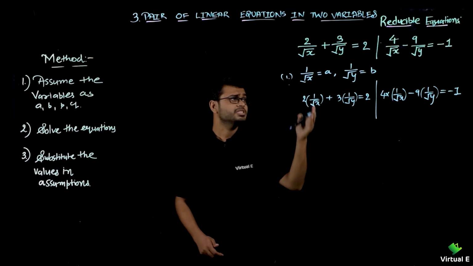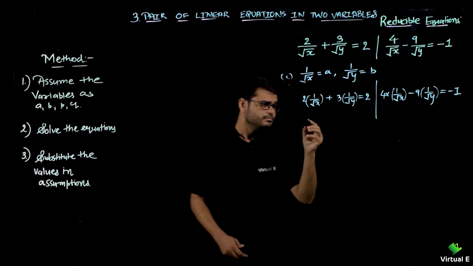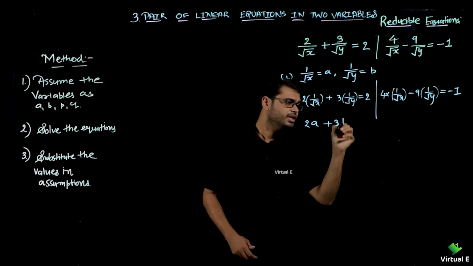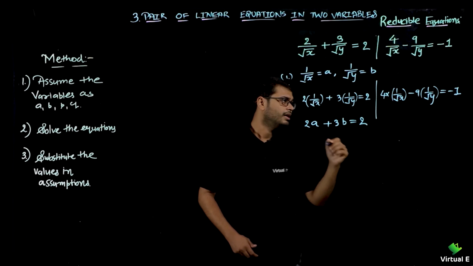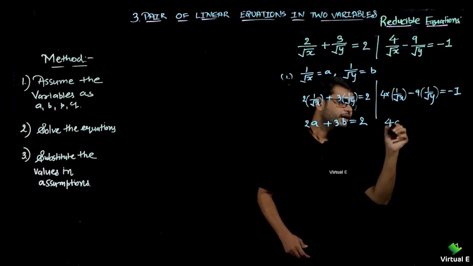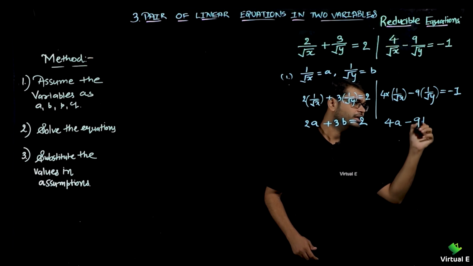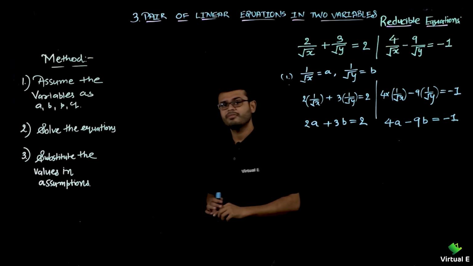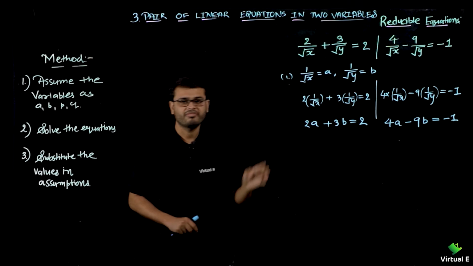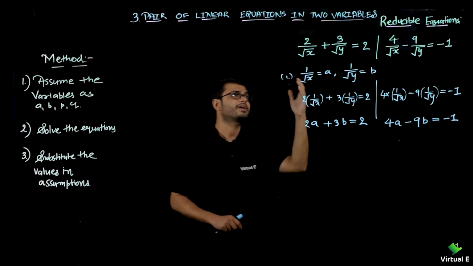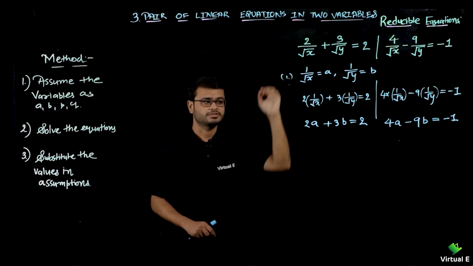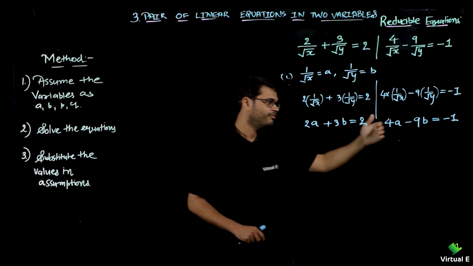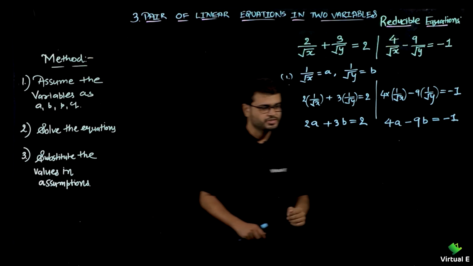So let's put these values of a and b. This will be 2a plus 3b is equal to 2 and 4a minus 9b is equal to minus 1. So we have equations in simple form, not any kind of fractions, not any kind of surds.